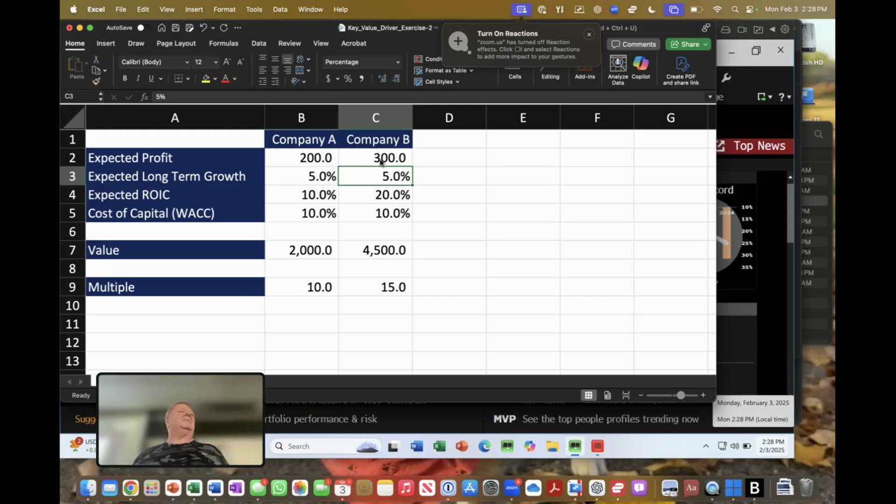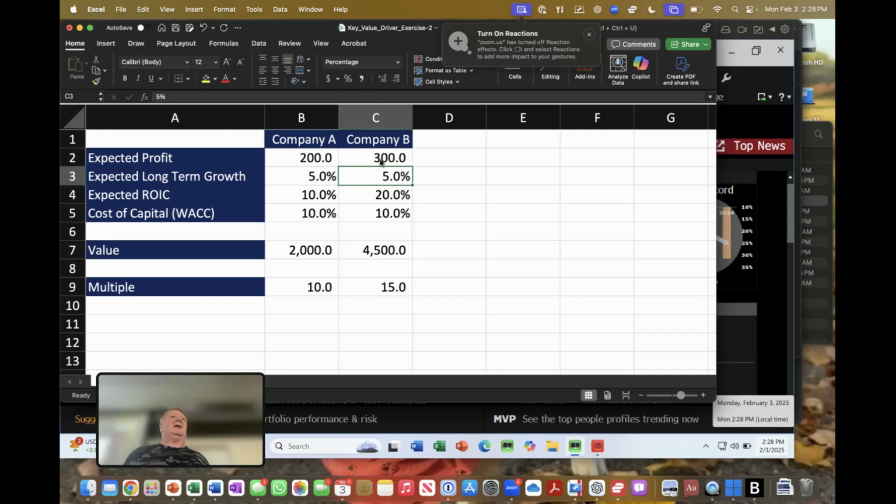Value increased by the amount you increase it. So when you double the expected profit, value doubled, and multiple remained unchanged. Okay, great. And what this represents is what I would call sizing. So one way to become more valuable, just make more cash. You're just bigger. You're not better, but you're bigger. And that is a path to creating value.